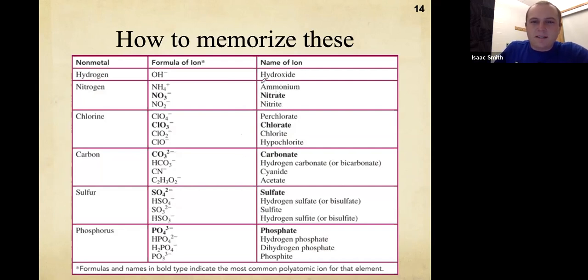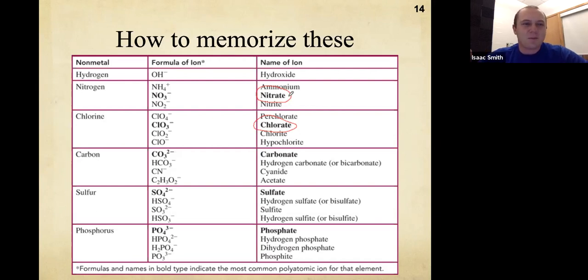You really need to know all of the ones on this table. But these ones that end in ATE, like nitrate or chlorate, I don't need to circle these because they're already bolded, these are the base for other polyatomic ions. Sorry, I'm not saying this very clearly.